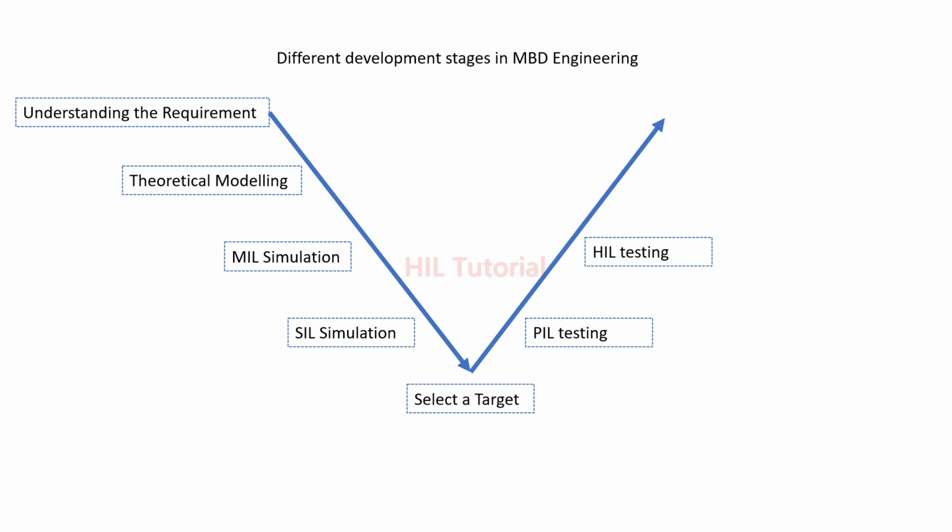Once you finish the hardware in the loop testing and validation, you can go for power hardware in the loop testing. Power hardware in the loop testing is not always required, sometimes it may be required, especially when you are working on plant designing or new plant designing. At that time power hardware in the loop testing is mainly required.